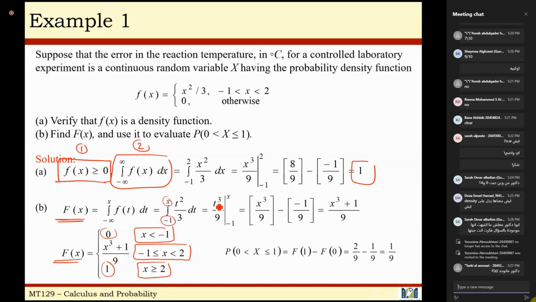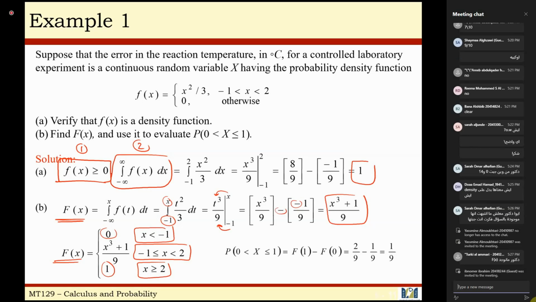This is equal, substitute x and substitute -1. So we have x to the power 3 over 9 minus negative equal positive. So this is the value of f capital between -1 and 2. So if we have interval, find the integral from -1 to x, or from a to x. Okay, if we have interval from a to b.